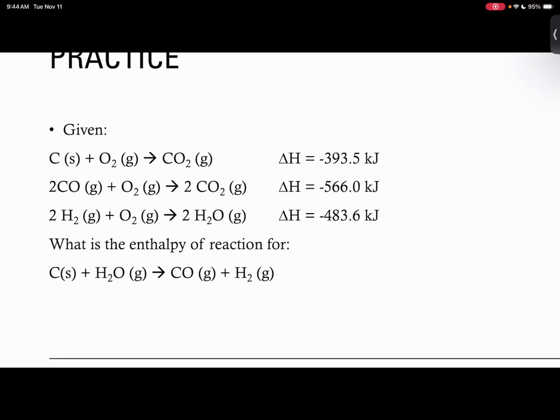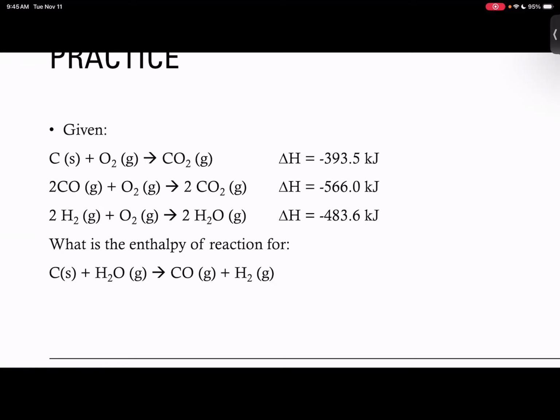And I have 2 hydrogen gas plus oxygen gas going to form 2 water gas with an enthalpy of a negative 483.6 kilojoules. We have been asked what is the enthalpy of the reaction where carbon solid reacts with 1 water gas to form 1 carbon monoxide gas and 1 hydrogen gas.